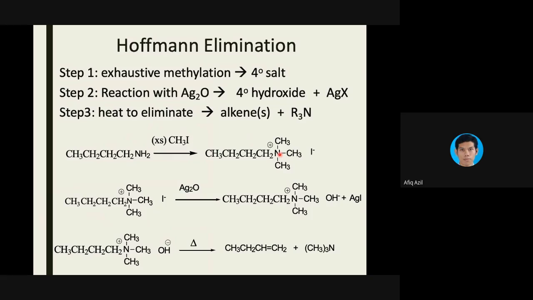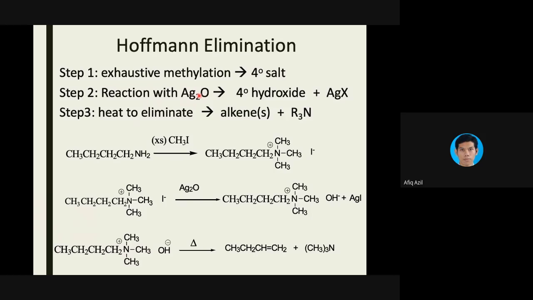So if you still remember, you have N that has 4 bonds, so it will be considered as positively charged. So it is a quaternary salt. Step 2, reaction with silver oxide. So this is Ag. Ag in Latin, if you go to the periodic table, it is silver, or argentum.